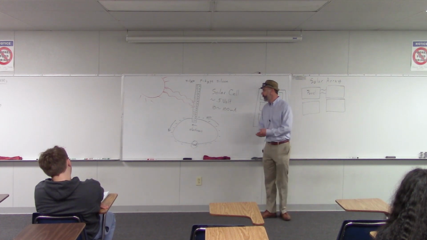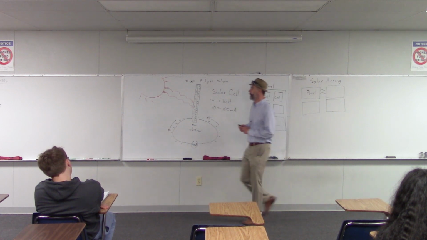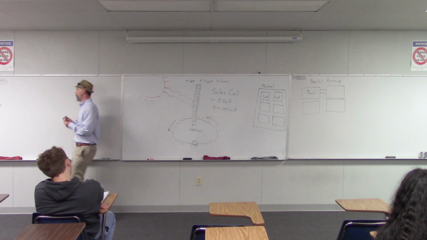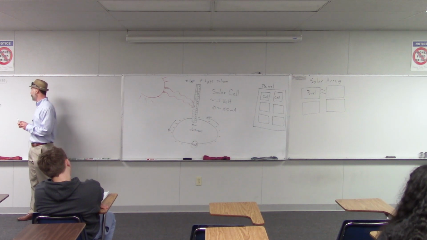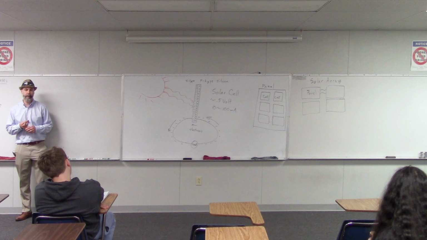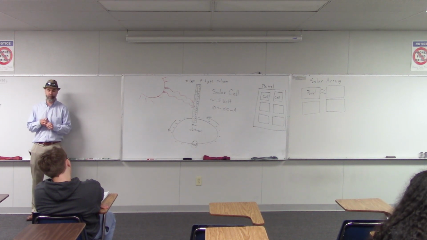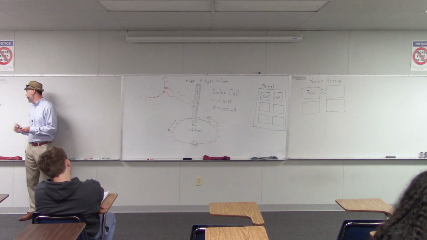The way that this works is that you can combine these cells in different ways in order to increase the total voltage or the total current of the panel. So let me talk a little bit about that. That's some of the array design and math.